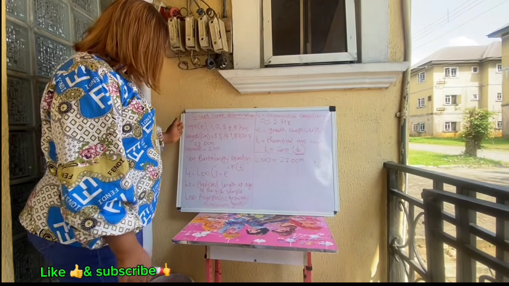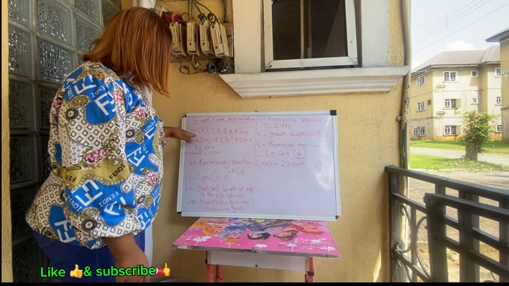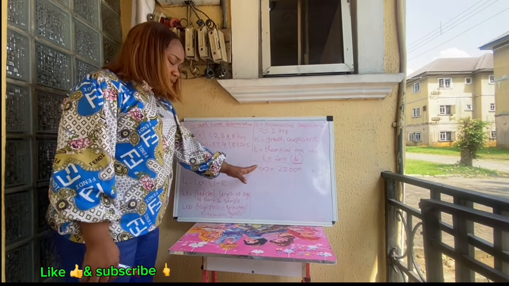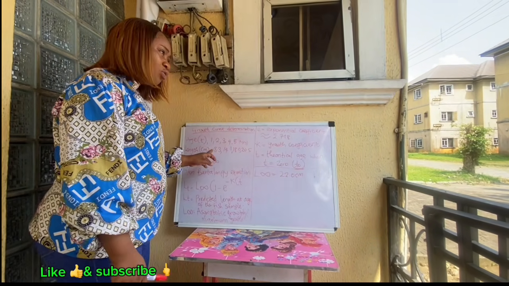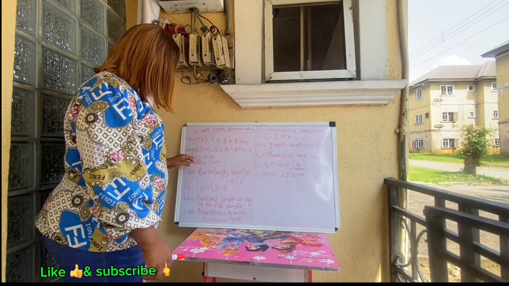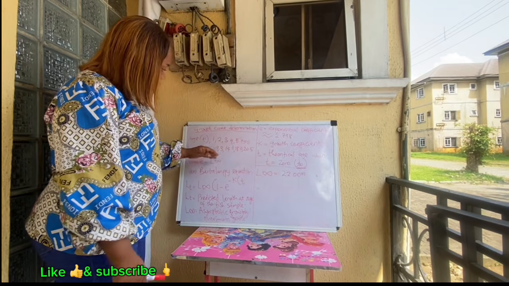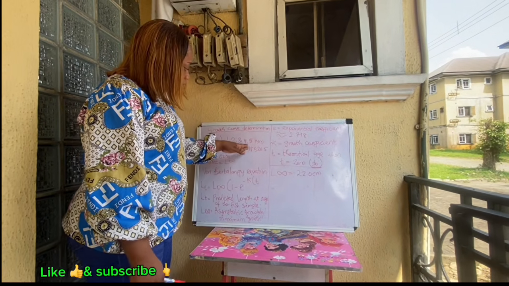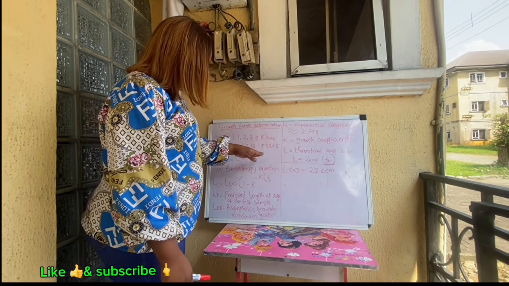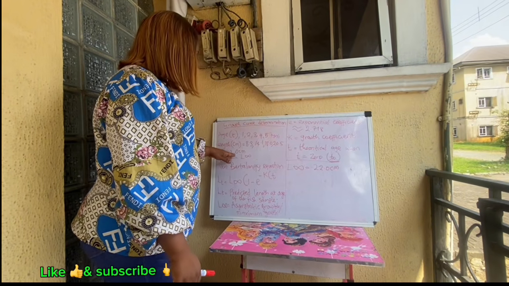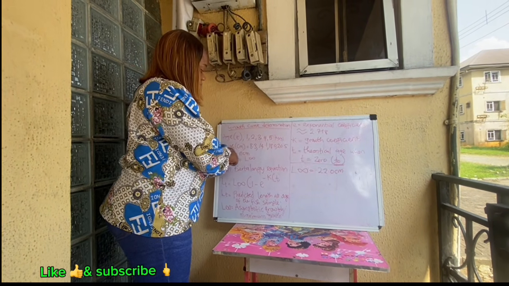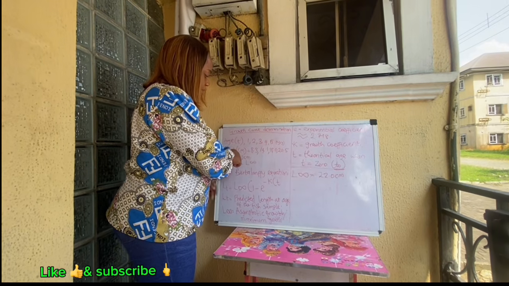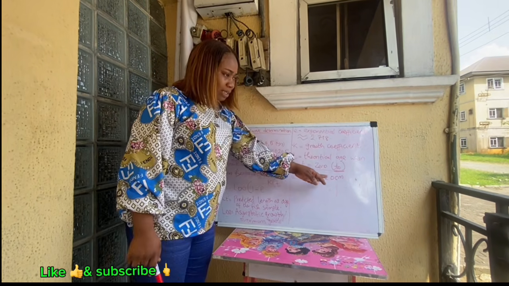These are the ages and the lengths of fish. For you to calculate the length asymptotic, you need to look for the highest size of the fish within this population. This is the largest size of the fish within this population. Now it is 22.0 cm.